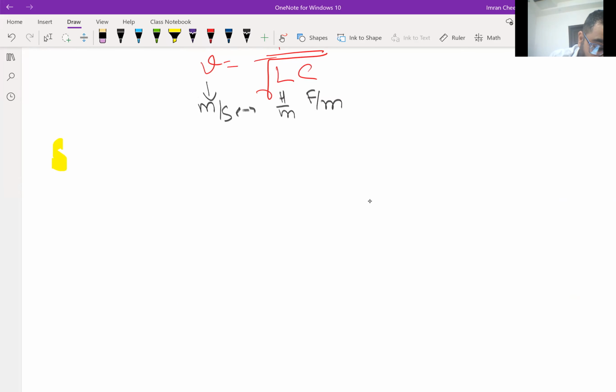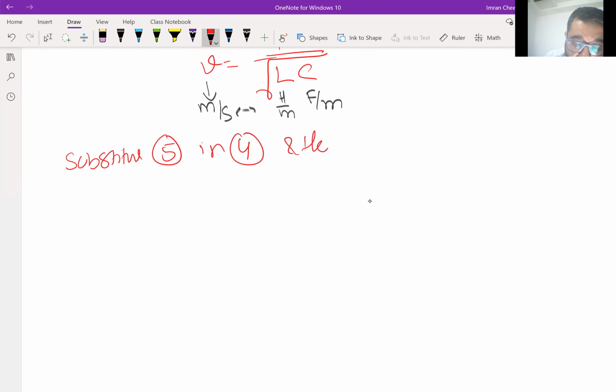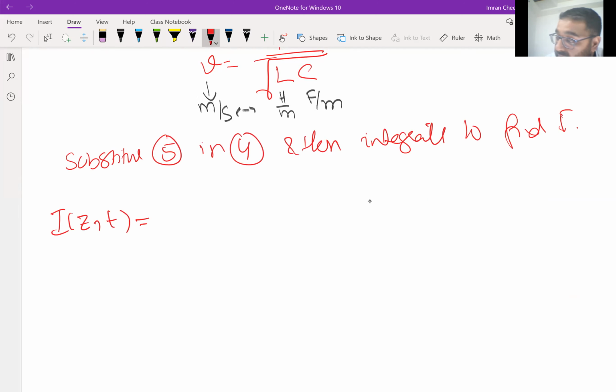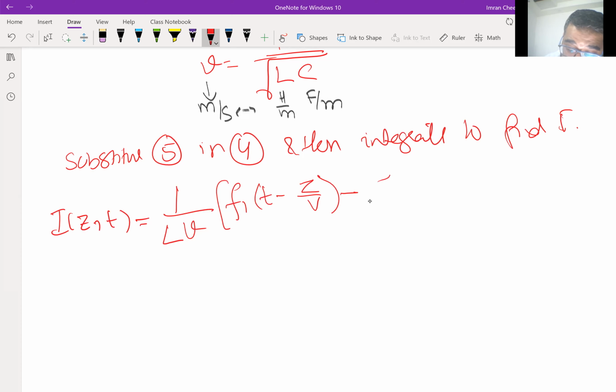Substitute 5 in 4 and then integrate to find I, which becomes I of z and t equal to 1 over inductance times velocity, f1 (t minus z over v), the forward traveling wave of current, minus, actually you will see a minus sign here.